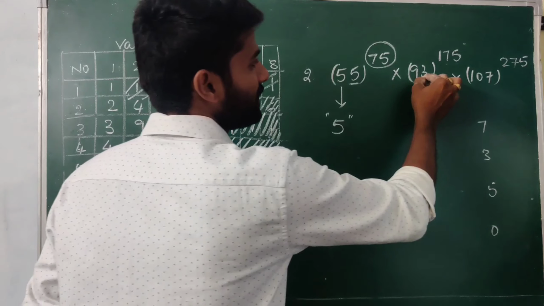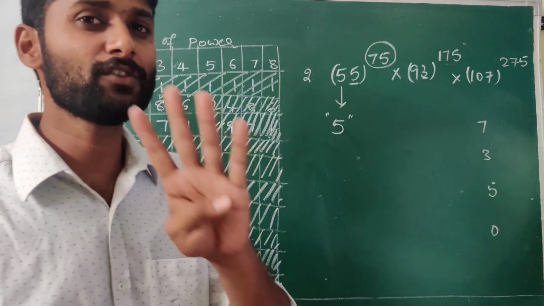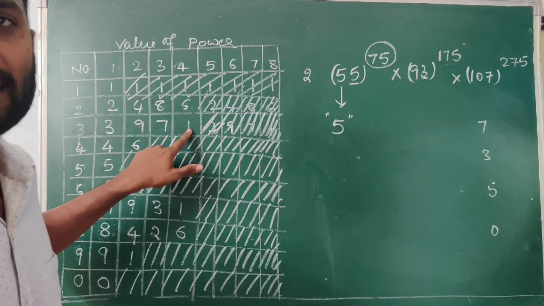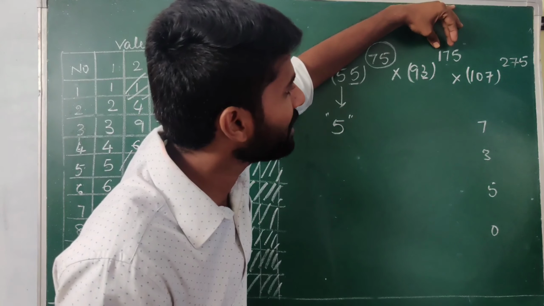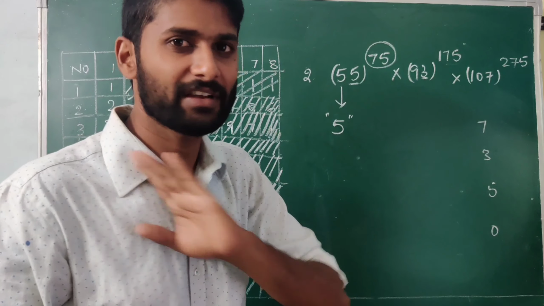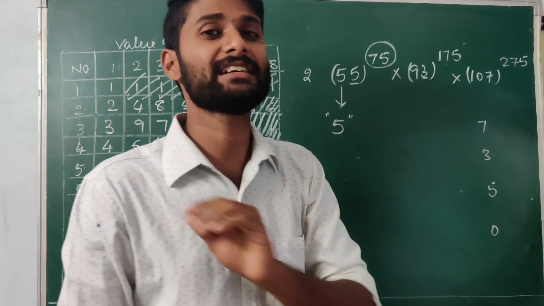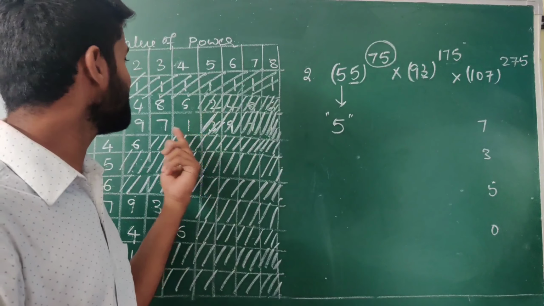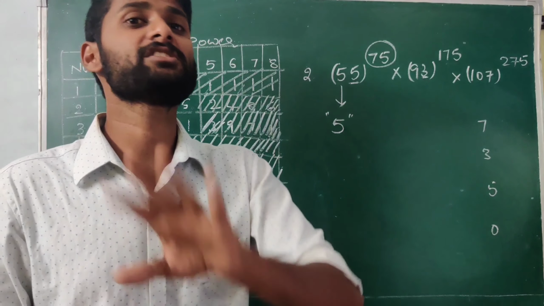Then focus on 3. We know that 3 can be repeated with 4 cyclics. See, the 4 cyclics are 3, 9, 7 and 1. But what is the power value here? 175. Don't consider 175. Whatever the power value given, don't consider the entire number. We know that if 3 is considered for 4 repeated values, it means divisibility by 4.